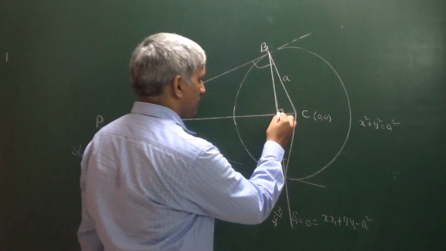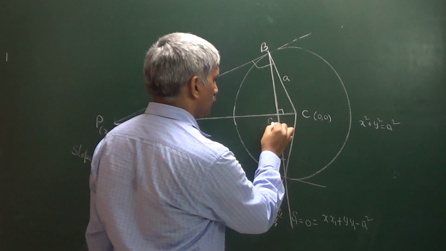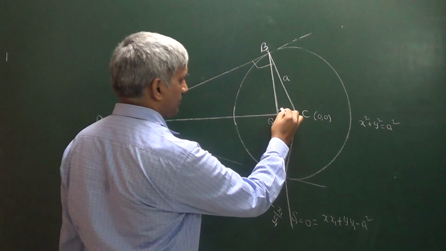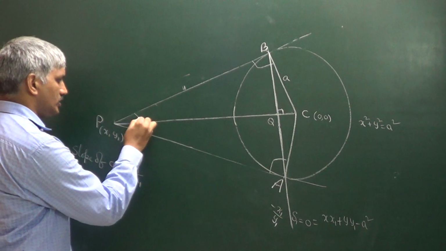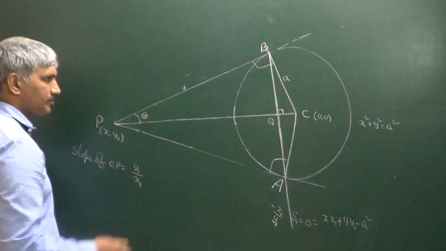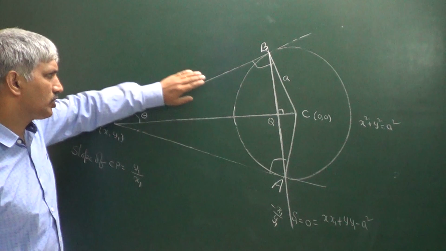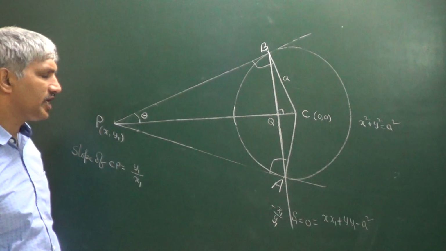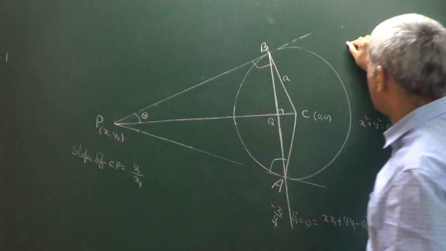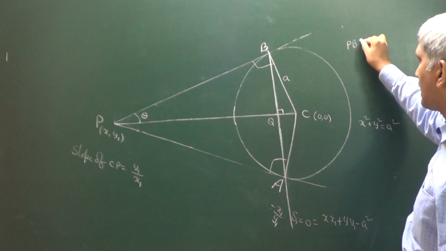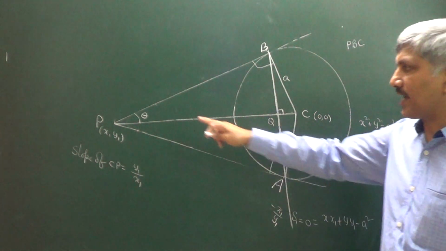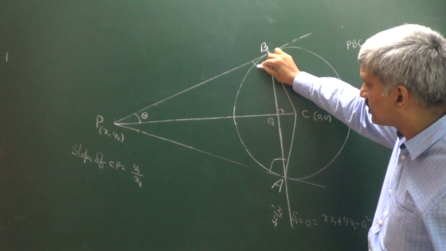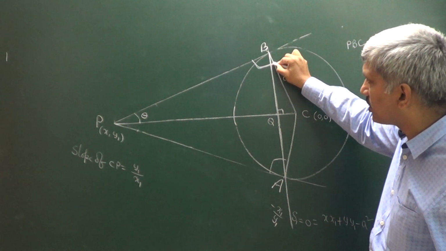Let us say this particular point is equal to Q. Right? But this angle is equal to 90. Let us say this angle is equal to theta. This is a triangle. Observe this particular triangle. In this triangle, the triangle name is PBC. In the triangle PBC, this angle is equal to theta, and this is 90 degrees because the angle between a tangent and normal.